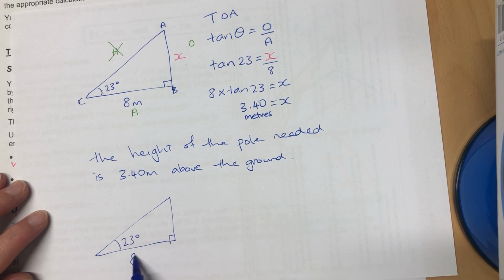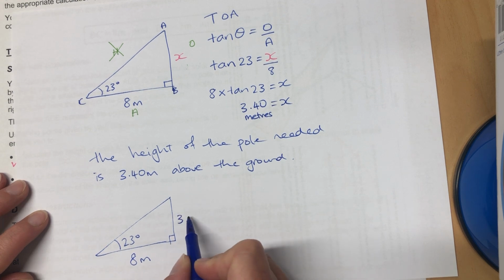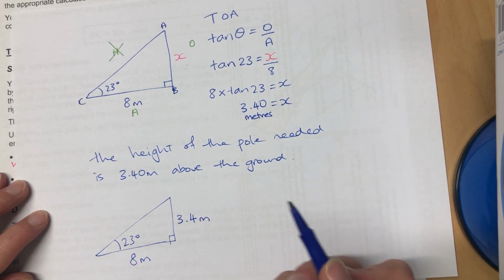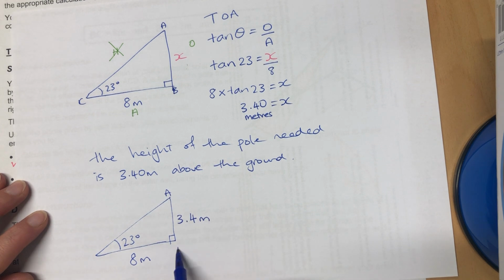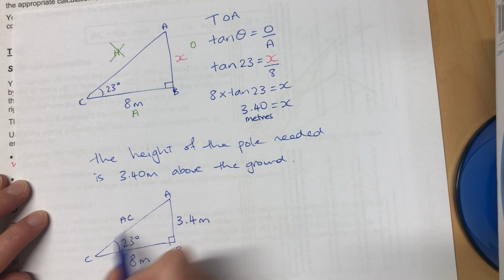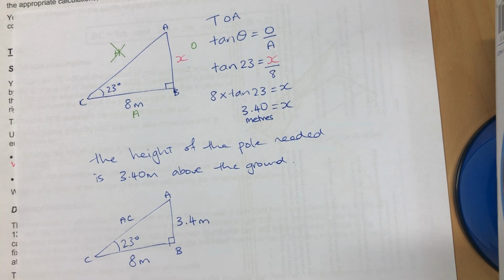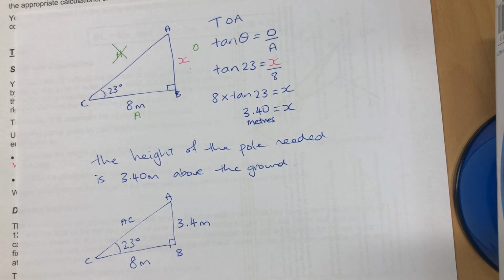So I've now got 23 degrees, 8 meters, and I just found that this height here was 3.4 meters, or 3.40. A, B, C. I can call this side AC. I can look at the letters on either end and give it a name, AC. I can find AC on this triangle, and it's the same on the other triangle.